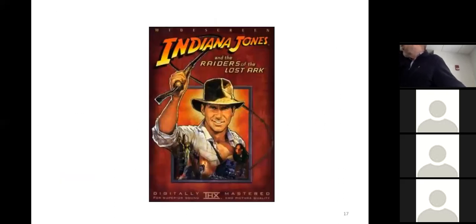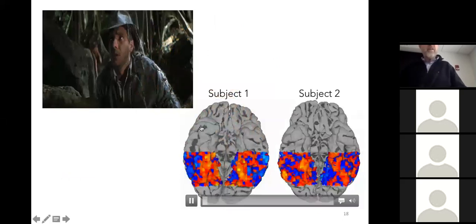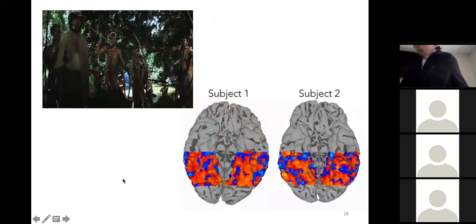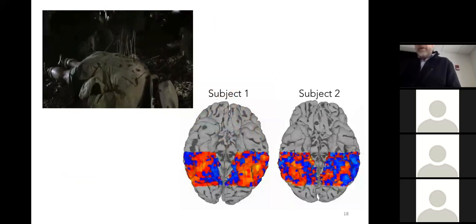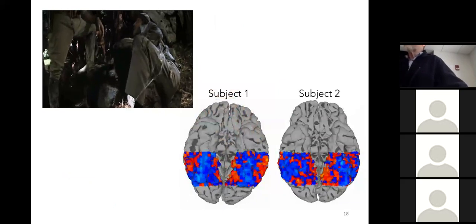So we have people watch Raiders of the Lost Ark, which I know is really dated, but it's still a very entertaining movie. This is Harrison Ford as a young man. As people watch the movie, we measure their brain activity. I show this clip from the movie just to remind you that this is not a controlled experiment.